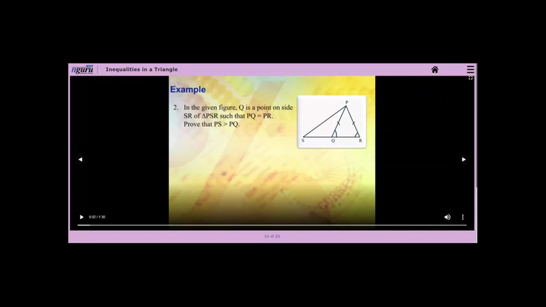Angle PSQ plus SPQ, right? Yes, ma'am. Now opposite to PS, what angle do you have opposite to PS?